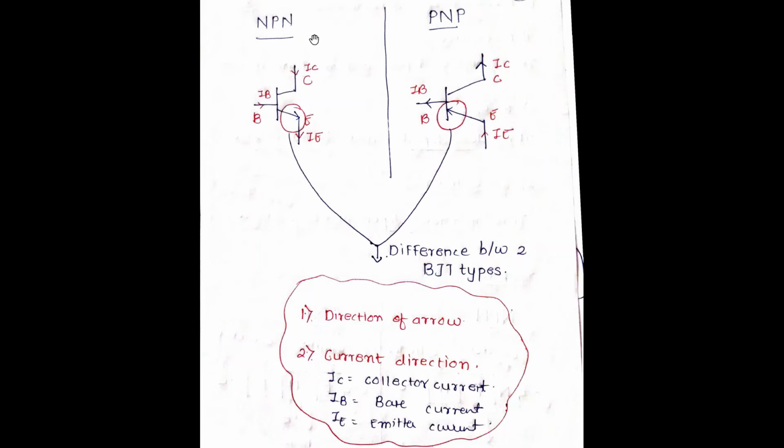If you see in case of NPN, the IC is coming here, the IB is coming here, both IC and IB lead to IE. Whereas in case of PNP, the IE is getting split into IB and IC. So the direction is IC is downward, IB is this way, which leads to IE. In case of your PNP, the IE is this way, then the IB and IC get split over.